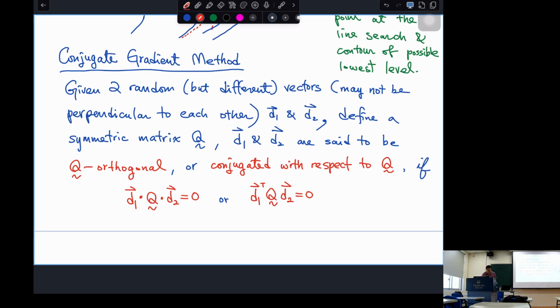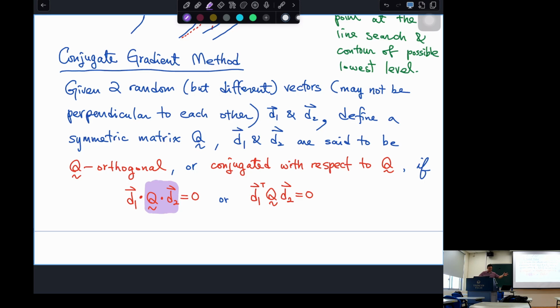So the idea is that if you transform D2 towards a certain new direction, and if Q is properly chosen, then after the transformation, D1 dot the resultant direction QD2 equals 0.